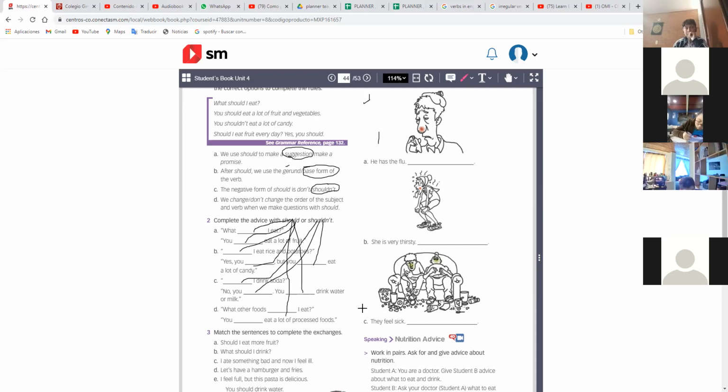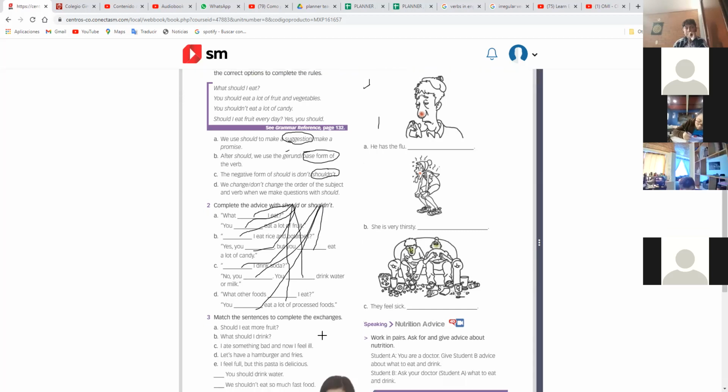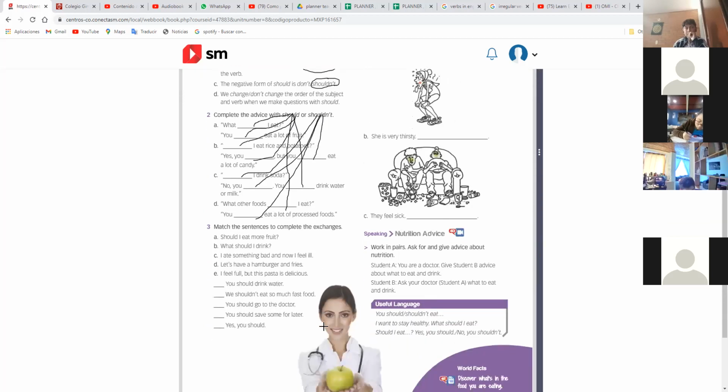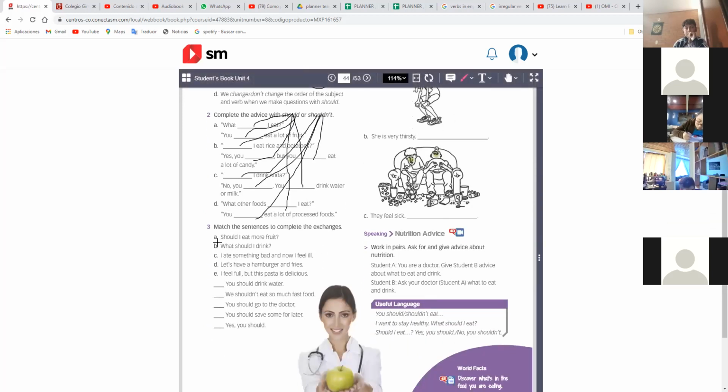And finally, shouldn't. Okay. Now look at this. Match according to this. So you need to write A, B, C, D, E in these gaps, in these spaces. Okay, so should I eat more? Okay.